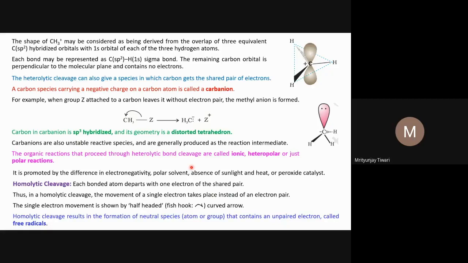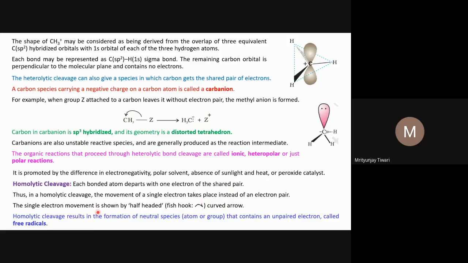Such cleavage is called homolytic cleavage. So each bonded atom departs with one electron of the shared pair. Cleavage means a bond is broken and two species are separated, and if the two species each gain one electron, then it is called homolytic cleavage.